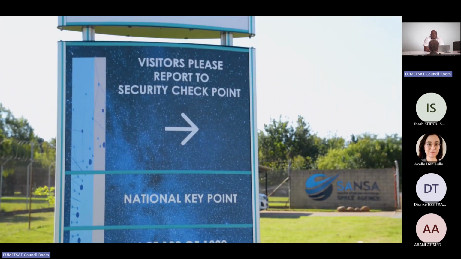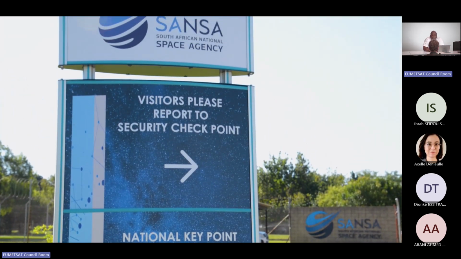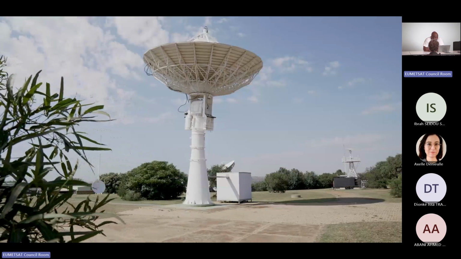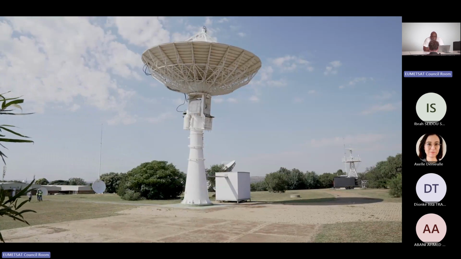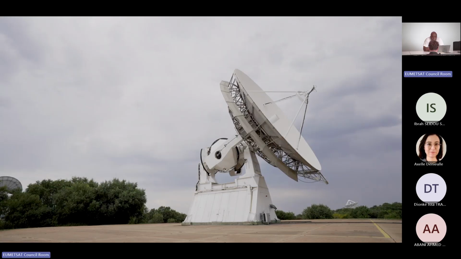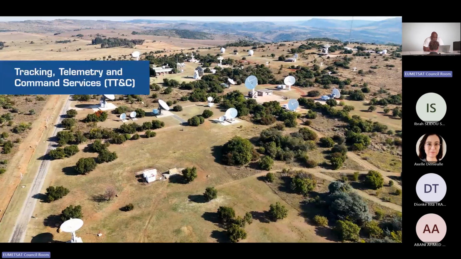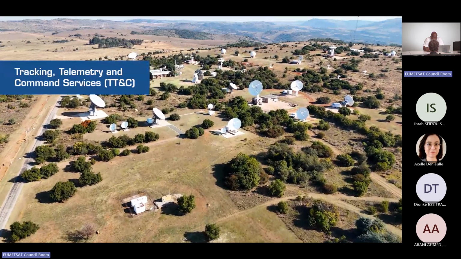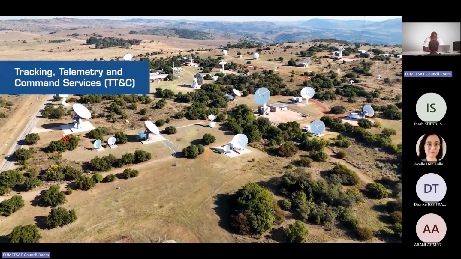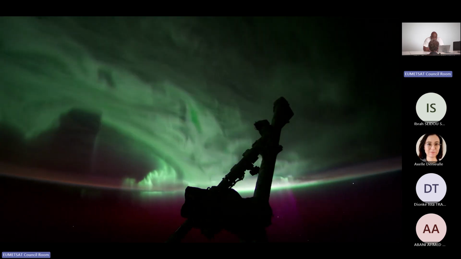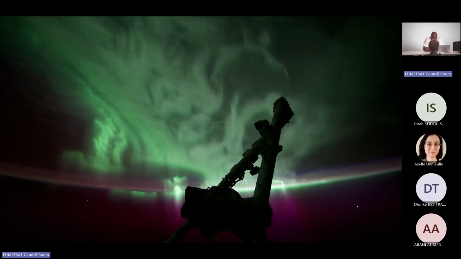The site is classified as a national key point site and is under constant security surveillance. The SANSA Space Operations Program is acclaimed for its infrastructure, cutting-edge communications, and the experienced operations team. Space operations is ideally positioned as a center for tracking, telemetry, and command for geosynchronous, polar orbiting, and scientific spacecrafts.